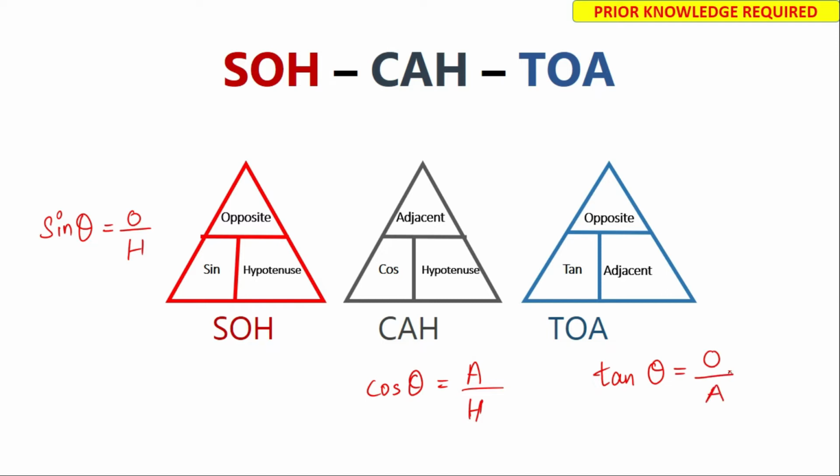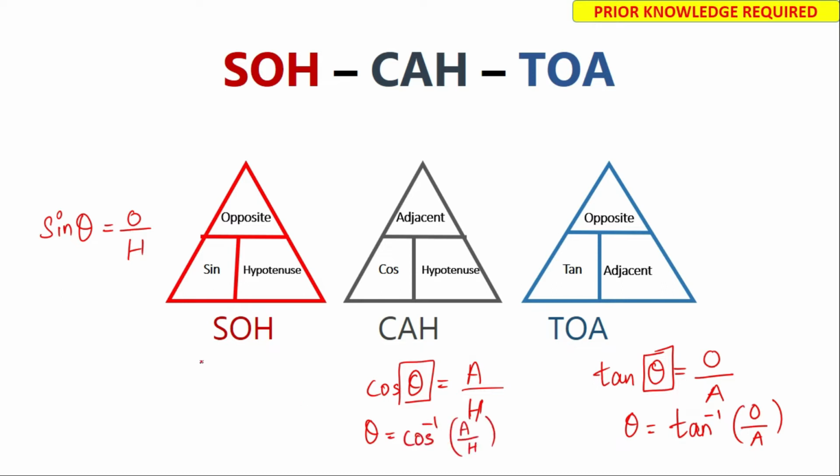So once you know SOHCAHTOA, your aim is to find the missing angle. Theta will be given by the inverse function, which is tan inverse of O over A. Theta is going to be cos inverse of A over H. Similarly, theta is going to be sine inverse of O over H.